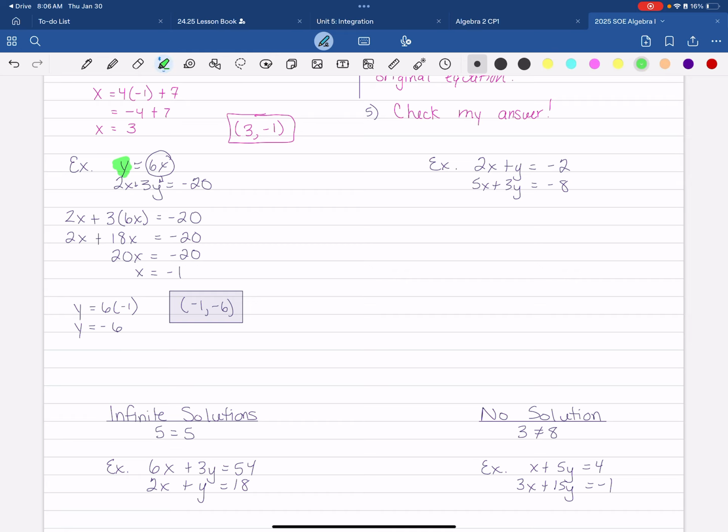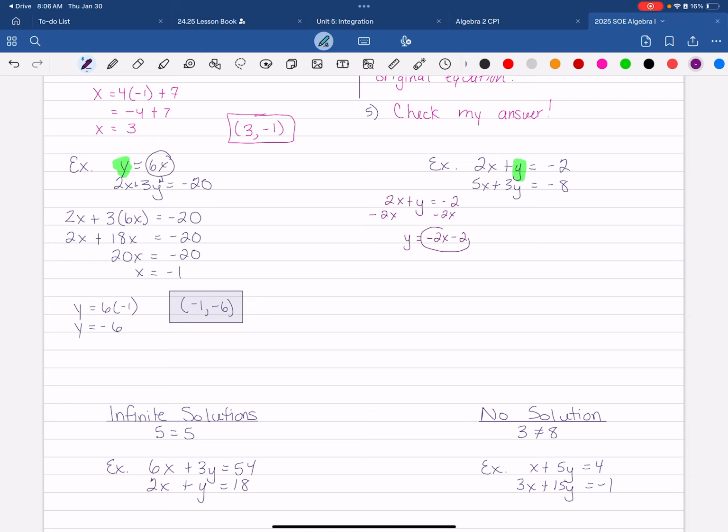So I'm going to choose to isolate this y because its coefficient is 1, and so I'm not going to have any crazy fractions. I have 2x plus y equals -2. I need to subtract 2x from either side, and I'm left with y equals -2x subtract 2.